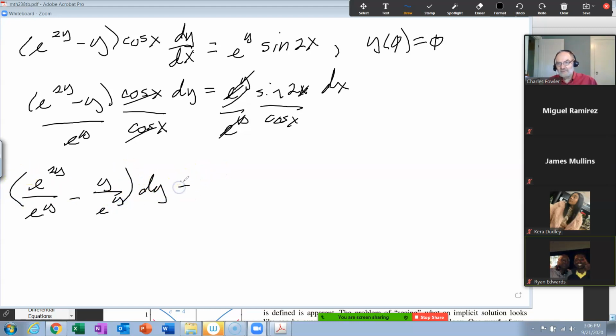Is equal to, now I'm going to call on a trig identity. Sine of 2x is twice the sine of x times the cosine of x.